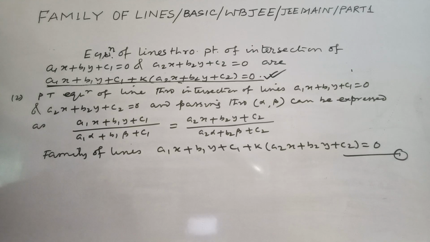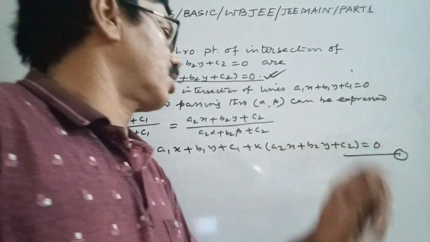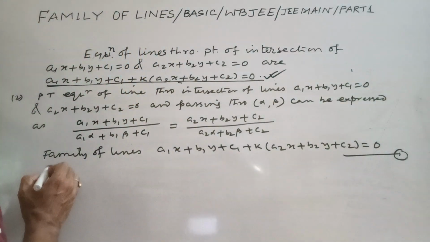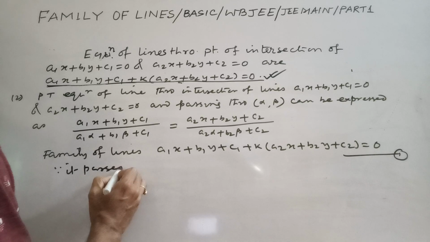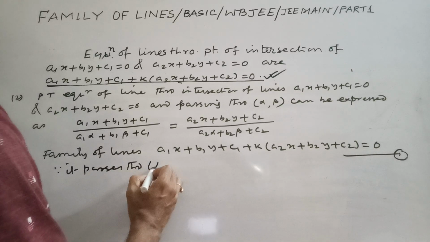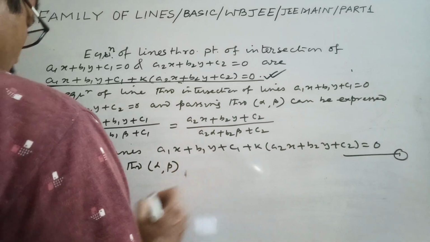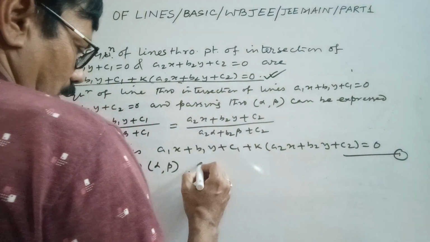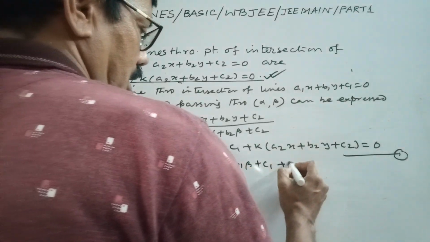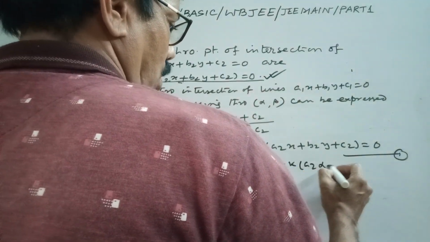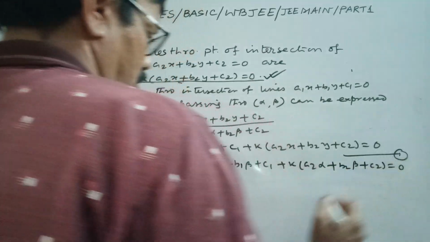So what is our condition? It passes through (alpha, beta), that is x equals alpha, y equals beta. So since it passes through (alpha, beta), a1 alpha plus b1 beta plus c1 plus k into (a2 alpha plus b2 beta plus c2) equals 0.